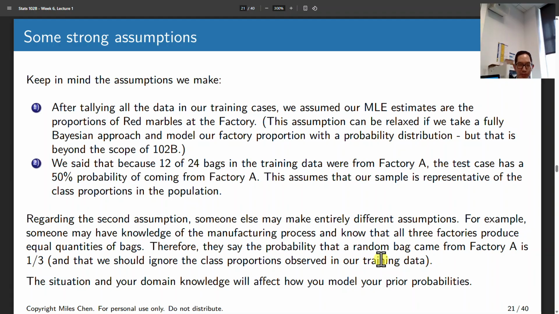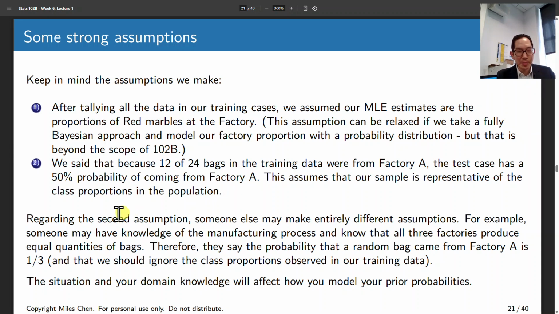The other big assumption was that because I ordered 24 or 25 bags, and 24 of them were labeled, and 12 out of the 24 came from Factory A, I'm assuming Factory A is responsible for 50% of marble production out there, or something like that. And so that assumes our sample is representative of the class proportions. And again, that could be wrong.